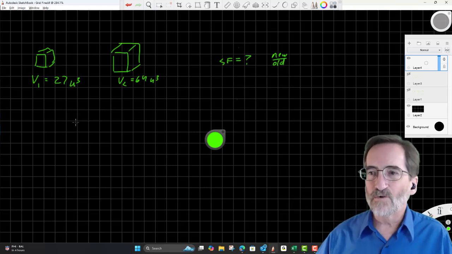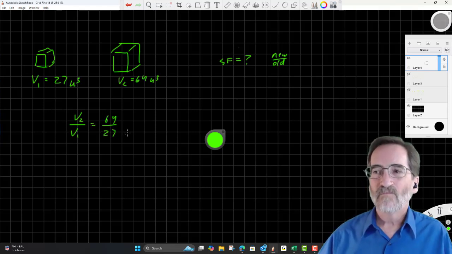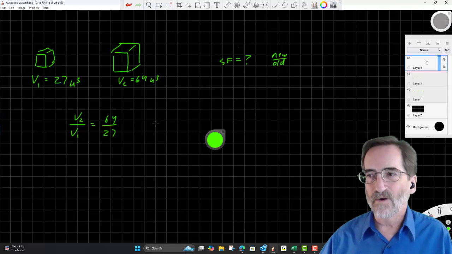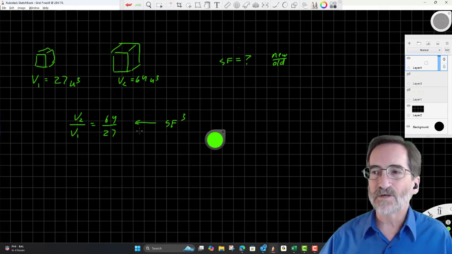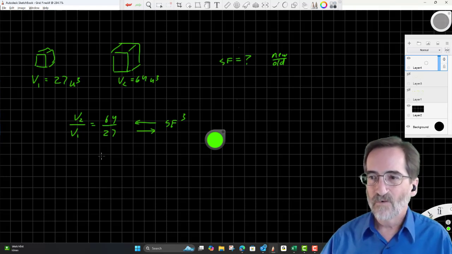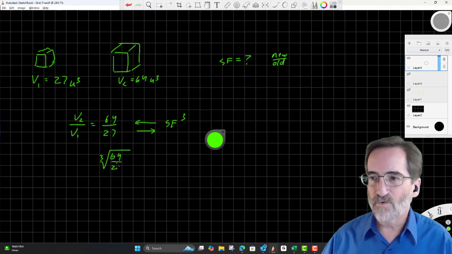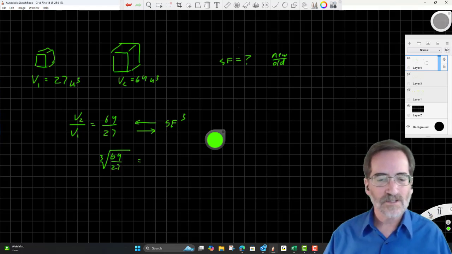And so the ratio of volumes, volume 2 divided by volume 1, is 64 divided by 27. But we want to go back. We took the scale factor and cubed it to get that. So to go back to the scale factor, we're going to do the opposite of cubing. We're going to take the cube root of 64 over 27. Now you can use a calculator if you want.